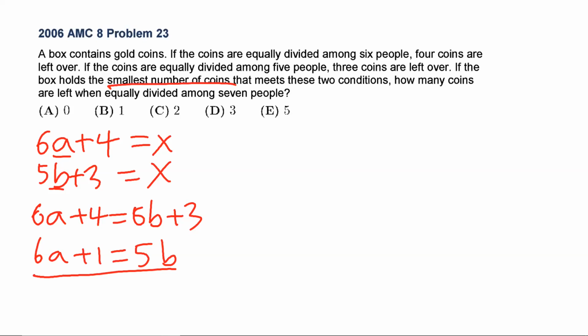And if you do a little guesswork, essentially I think you'll come out at A equals 4 and B equals 5. So I'm pretty sure this is the smallest one, right?